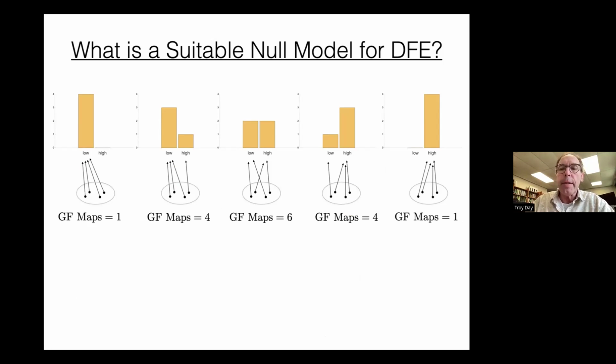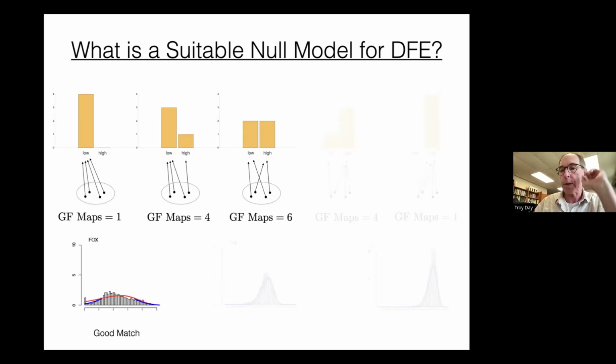But I want to be a little bit more, maybe subtle is not the right word, but a little bit more tied to the data than just pulling randomly. Because as I said, the environment you measure things in clearly makes a difference. If I measured out everything in a lousy environment, I'm going to get a different distribution than if I measure them in a good environment. And so I don't want to draw these maps randomly from the entire space of possible maps.